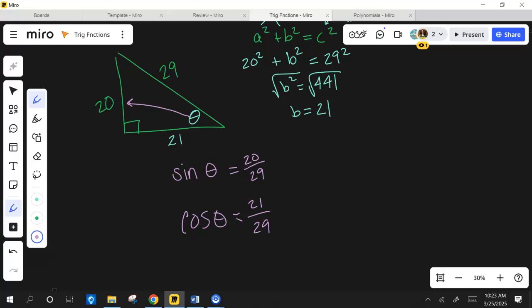It'll be marked for you. For these, we're using exact values. We're not going to use decimals on these. We're going to use exact fractions, okay? How about the tangent of theta? 20 over what? 21.